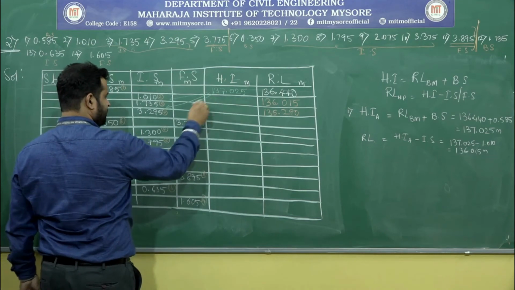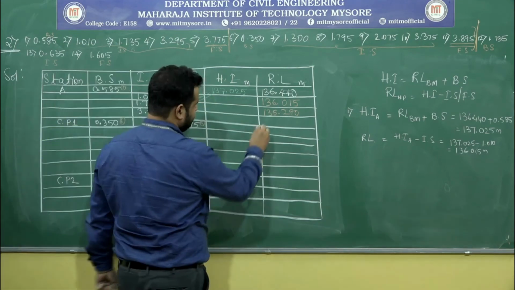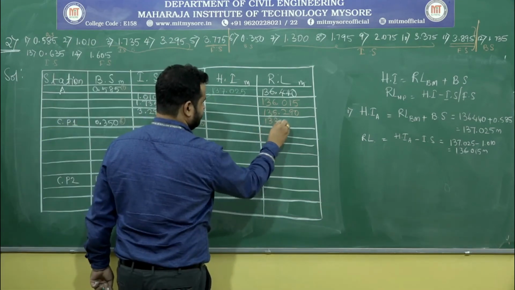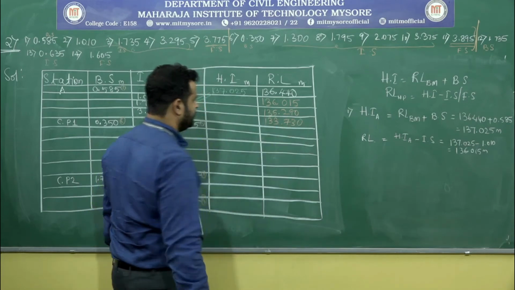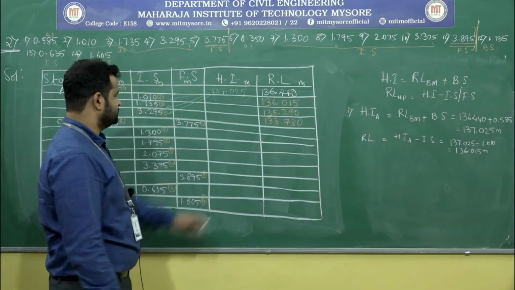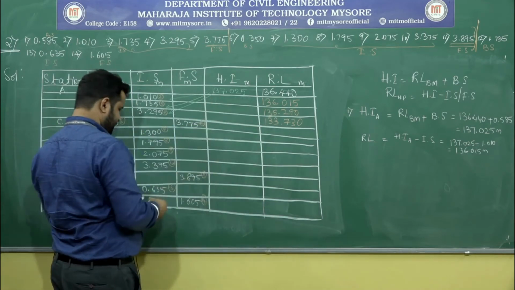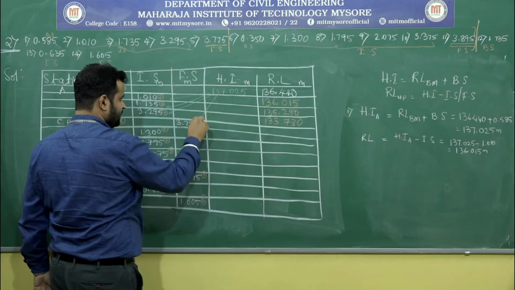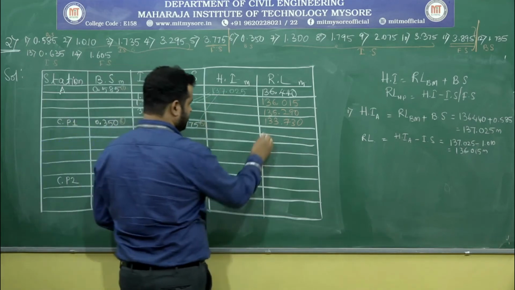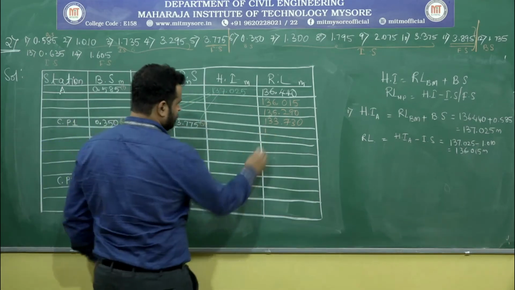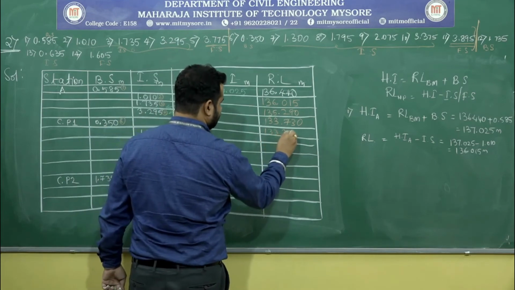Next, this minus this will give you 133.730. Once we arrive at this point, using the same height of instrument, you can calculate the RL of the next point, that is 133.250.